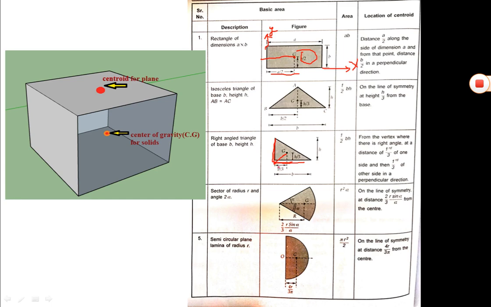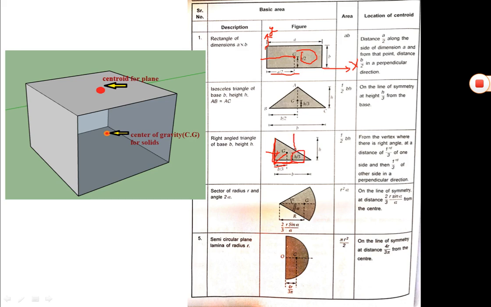If I take here, this one is the base and this one is the centroid. It is at a distance of b by 3 from the starting point of the right angle edge, this one. So b by 3. Similarly, in the y direction, that is the height of the right angle triangle, it is at a distance of h by 3, so it is h by 3.